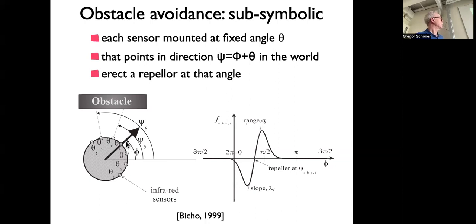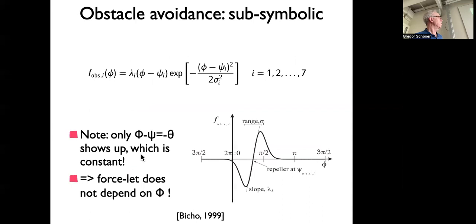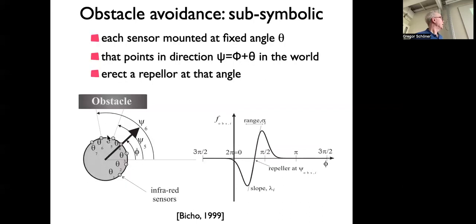And let's say if you look at, let's take sensor 6, then it points into this angle in the world, right? This angle here, oops, sorry. And the vehicle points in this direction, so phi minus psi, so minus psi plus phi, that's exactly that angle, right? The angle from the forward direction to the sensor.